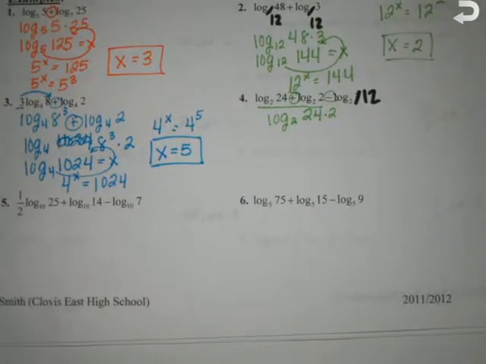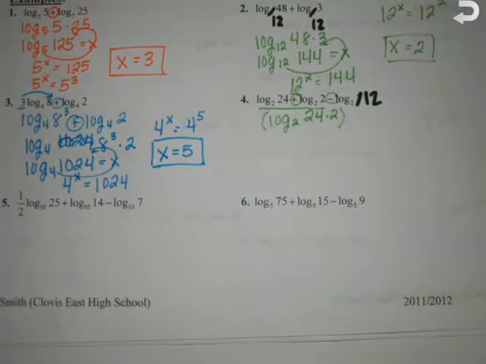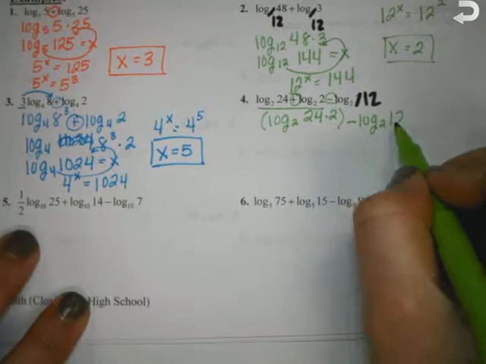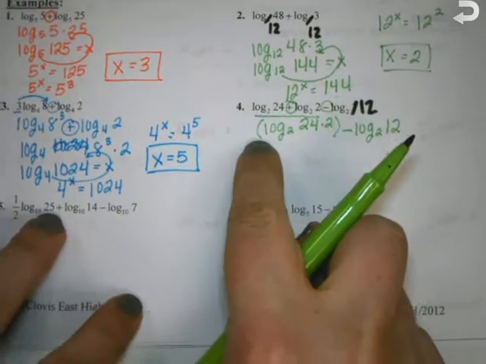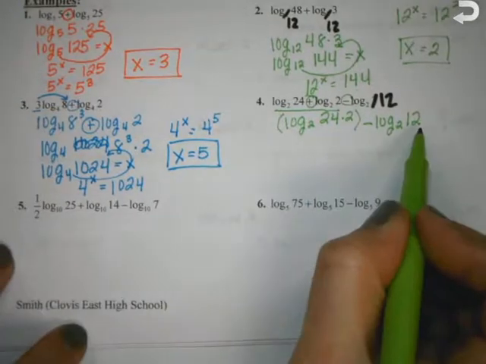Now let's put that in parentheses because we did that part first. Minus log base 2 of 12. So I'm putting this guy in parentheses just so that we remember that we did that one first. And all of that is going to end up being divided by 12.